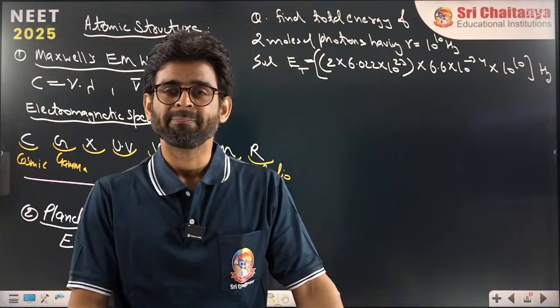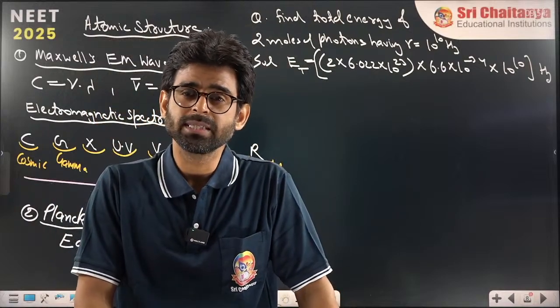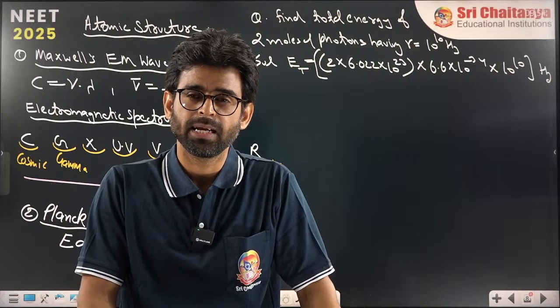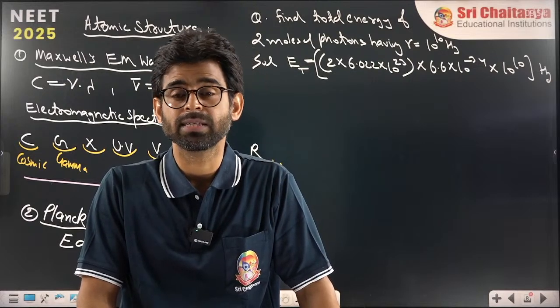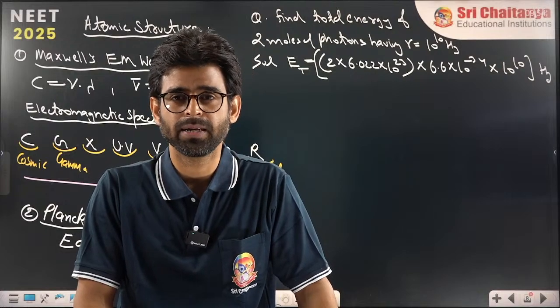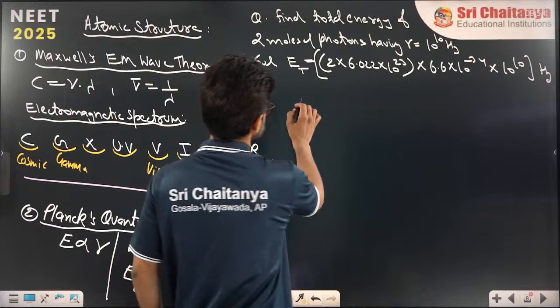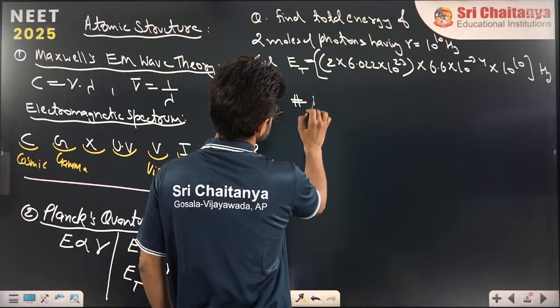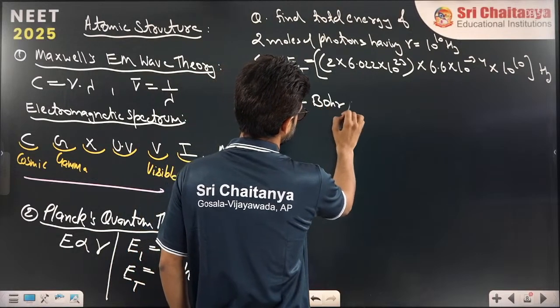Now Bohr used these 2 points and gave his model, you can say Bohr's atomic model, a very important, most important model, right? So we can see here Bohr's atomic model.